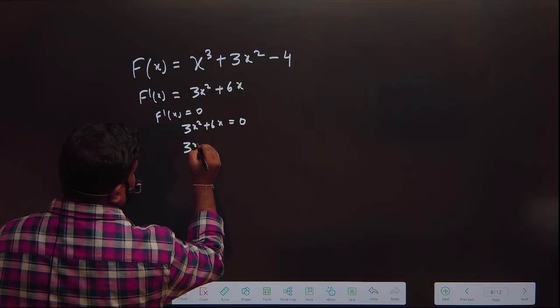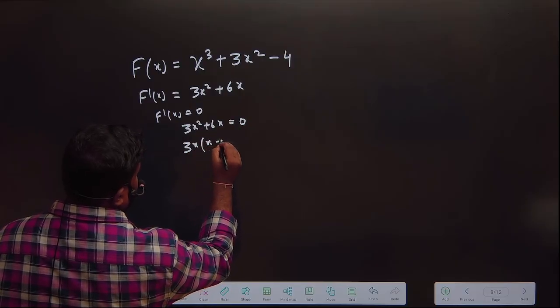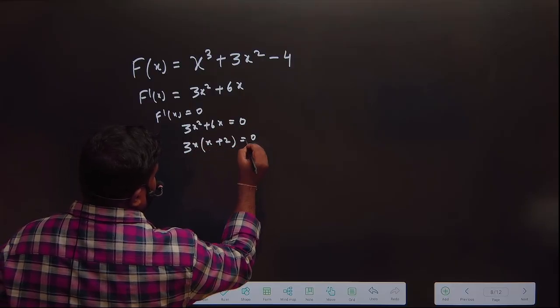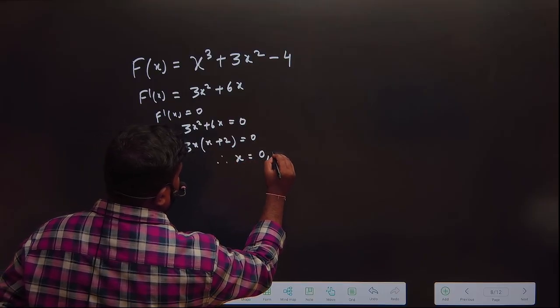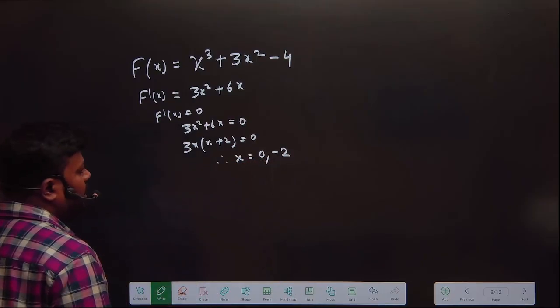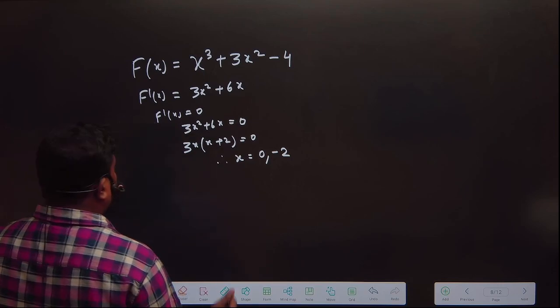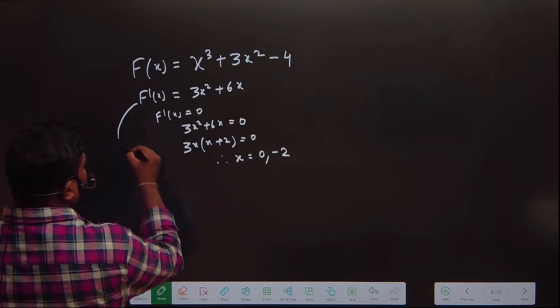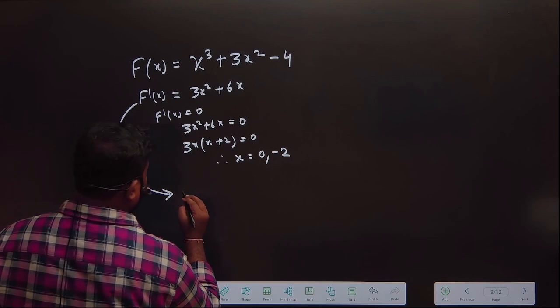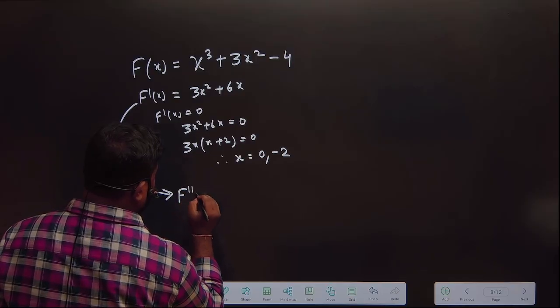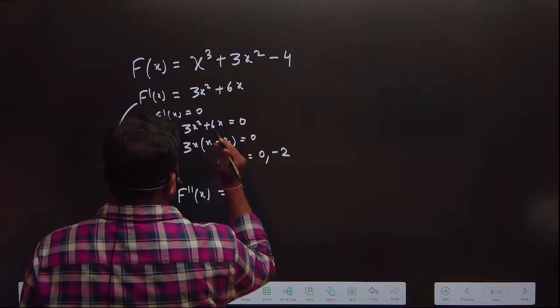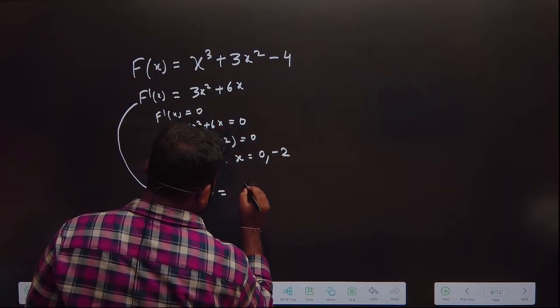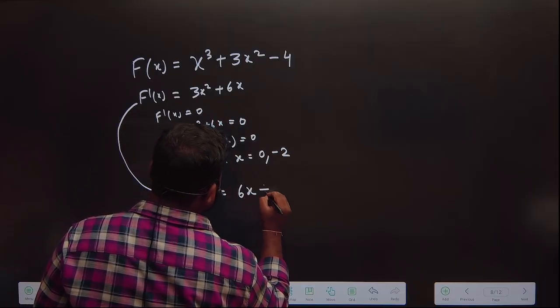We can take common here, 3x times x plus 2 equals 0. Therefore x equals 0, minus 2. We got two critical points. Then do the second derivative. Find the second derivative of the same function, f double dash x. When you solve, it becomes 6x plus 6.